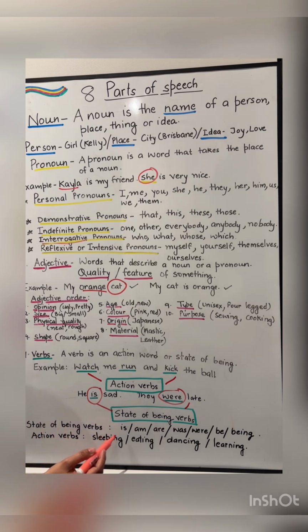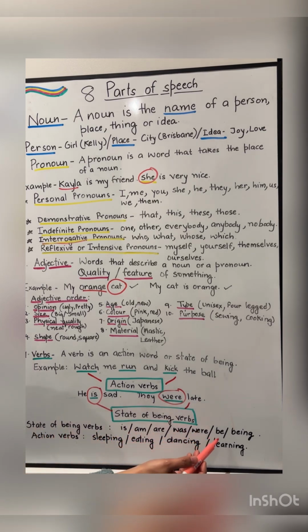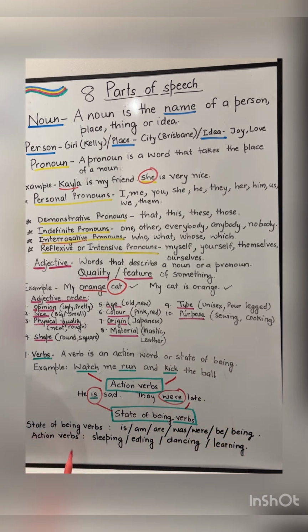State of being verbs are like is, am, are, was, were, be, being. Action words are like sleeping, eating, dancing, learning, and many more. It could be eating, teaching, running, getting ready, stuff like that. So verbs are all the action words.